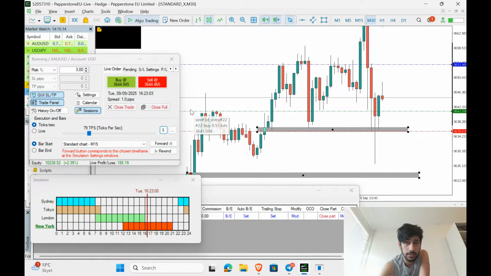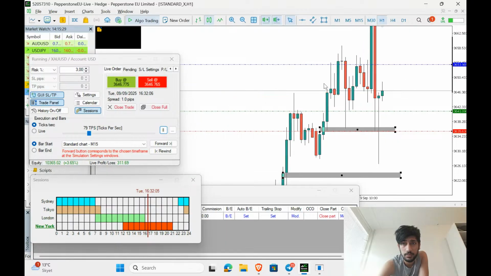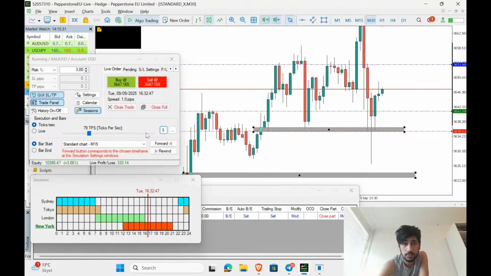I can just wait for the 30-minute to form. H1 moving up, M30, we found weak bullish, but still H1 is bullish. Wow, we found like this.